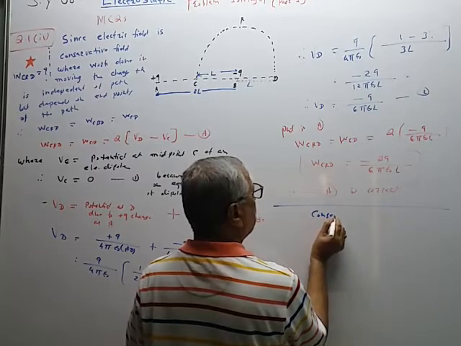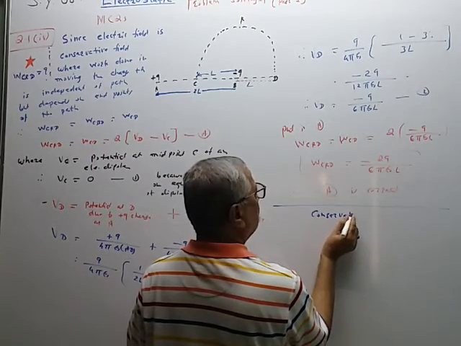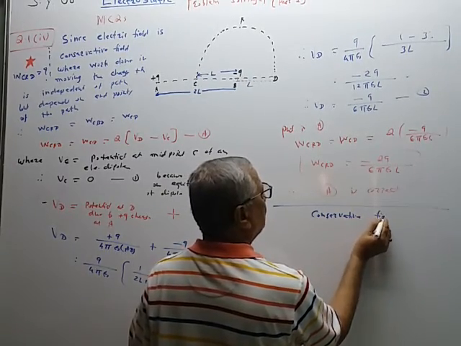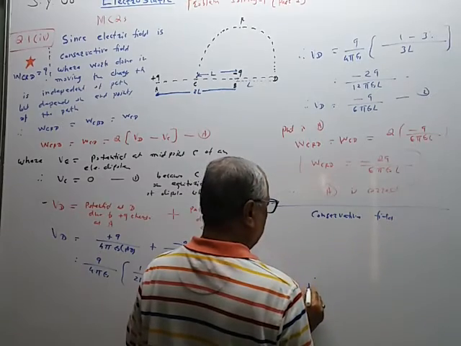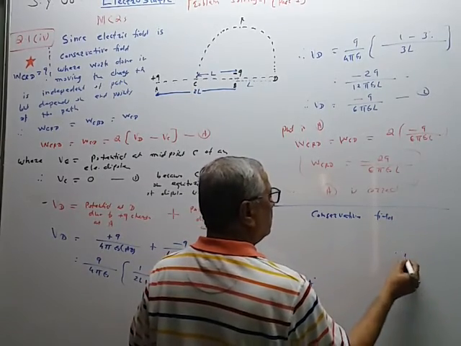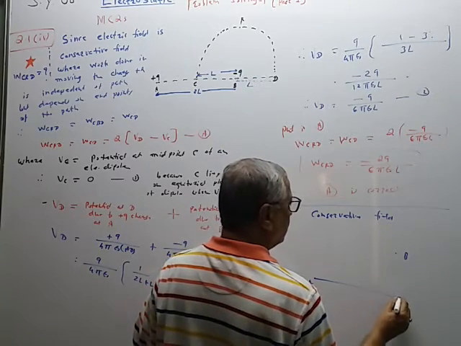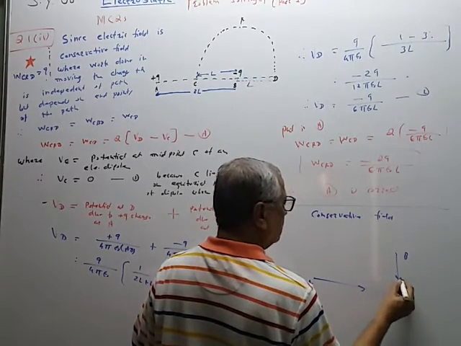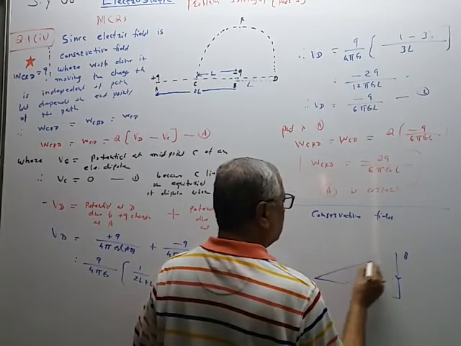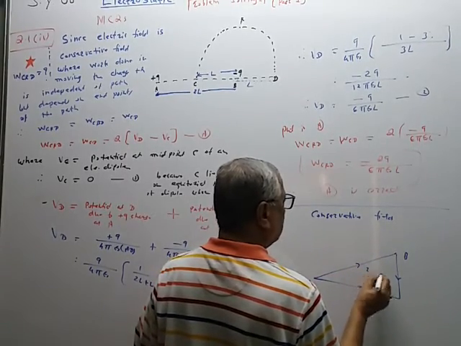So we know this property that we have used here, conservative field. If A is the initial point, B is the final point, then the charge can be moved from A to B along this path, path number 1. It can be moved directly from A to B, path number 2.